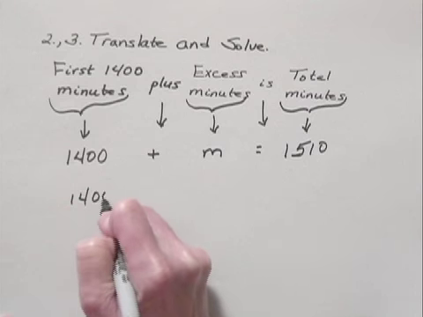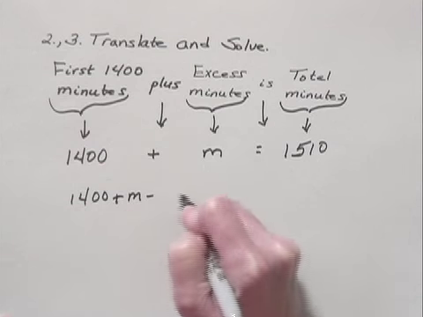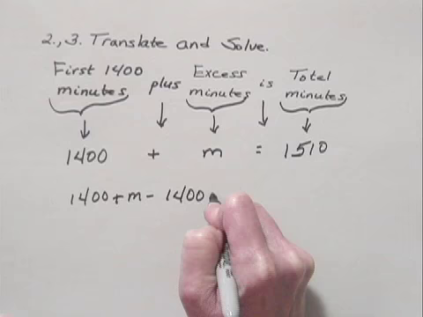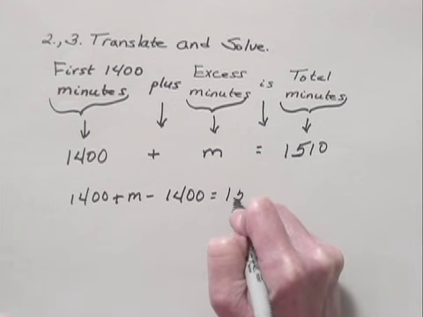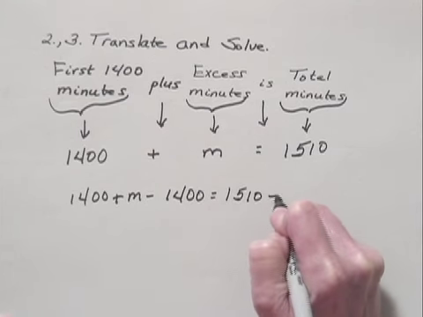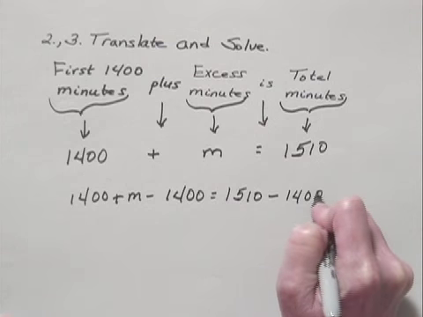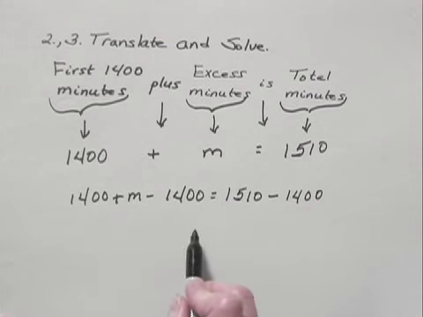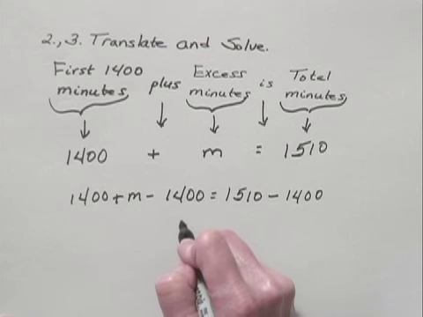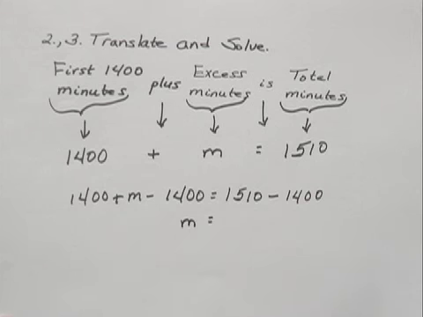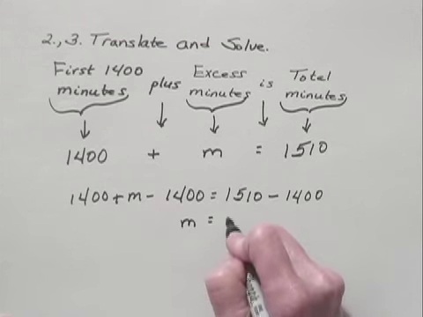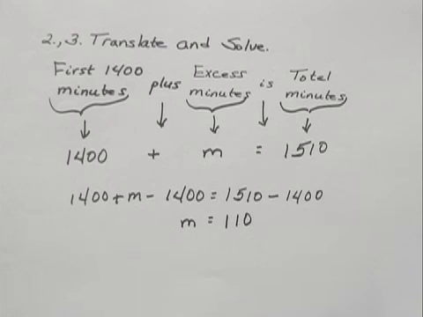We'd have 1,400 plus m minus 1,400 is equal to 1,510 minus 1,400. On the left side, we have m plus 0, or just m. And on the right-hand side, we find that the difference is 110. So this is the number of minutes in excess of the basic 1,400 minutes.